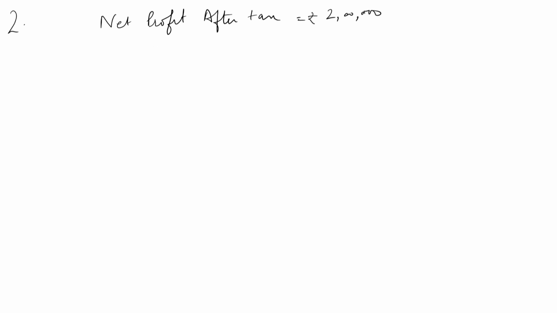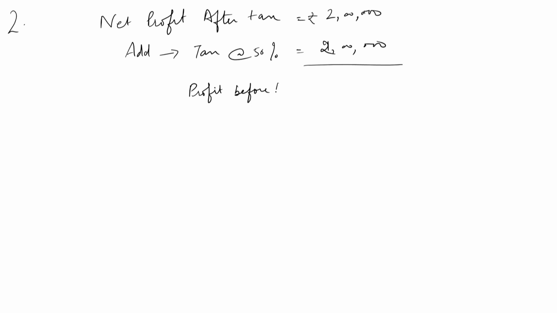As we have to move backwards, we add back the tax which is given at the rate of 50%, which comes to rupees again 2 lakhs. So the profit before taxes is equal to 4 lakh rupees, and to this we add the interest as given in the question of rupees 25,000.